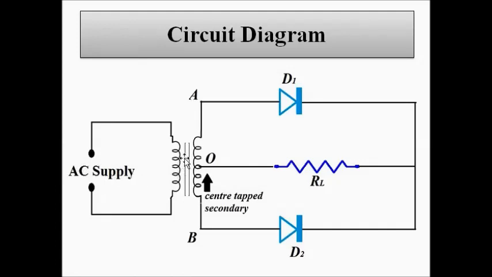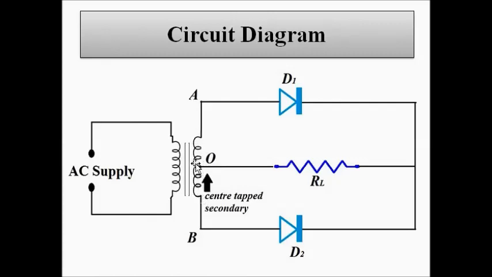The step down transformer converts this 230 volt AC into a lower voltage level, generally 12 volt, but there can be other values as well. For that, different configurations of step down transformers are used, but generally a 230 to 12 volt step down transformer is used. This here is the center tapped connection, which is exactly in the middle of this secondary winding.